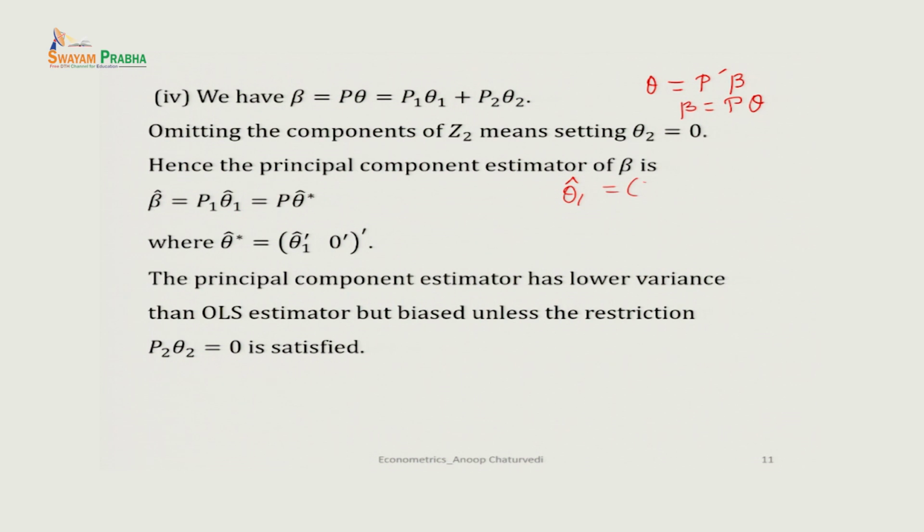This is equal to (Z1 transpose Z1) inverse Z1 transpose y, and then we write it as P theta hat star, where theta hat star is equal to (theta 1 hat transpose, 0 transpose) whole transpose, means theta hat star is like this: theta 1 hat and 0.